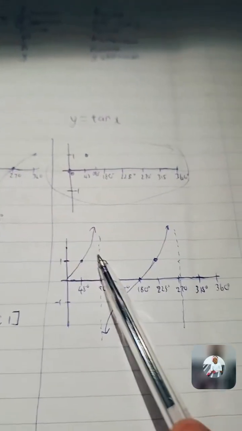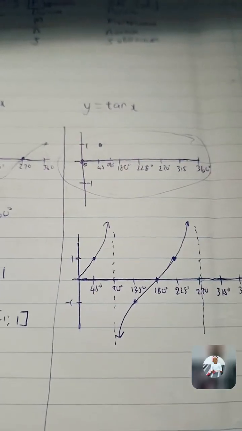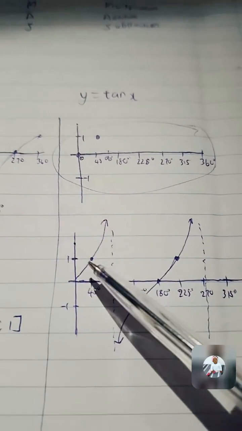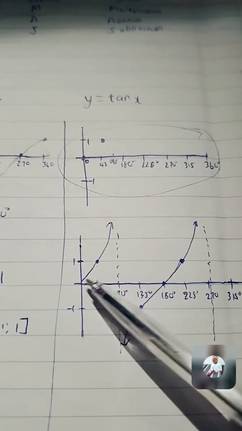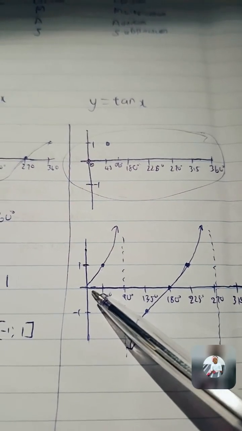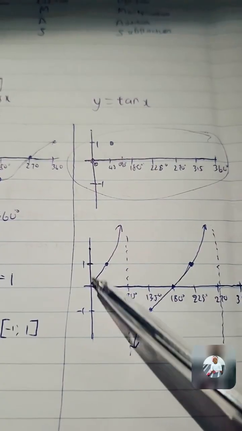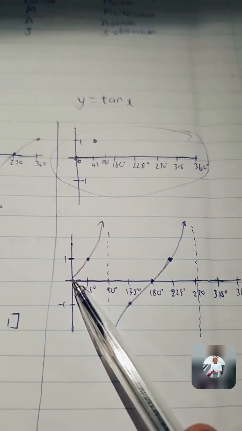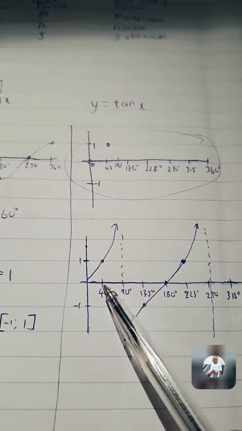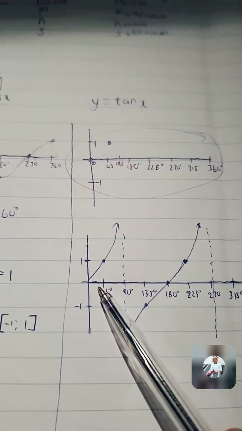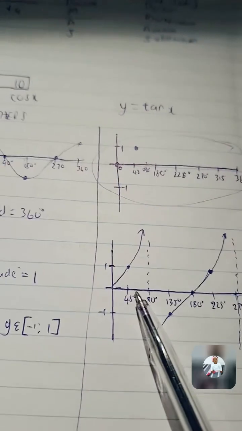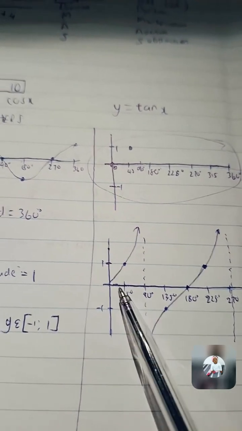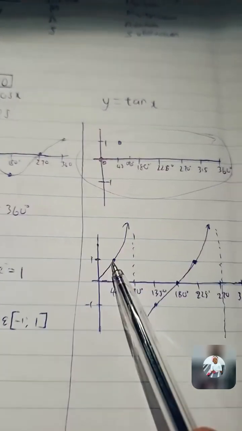Now, we experience a bit of a situation when dealing with the tan graph. We look at the angles on the x-axis, 0. All of a sudden, we also want to observe 45 degrees, because with the tan ratio, we need to check tan 45. Tan 45 gives us a positive 1.